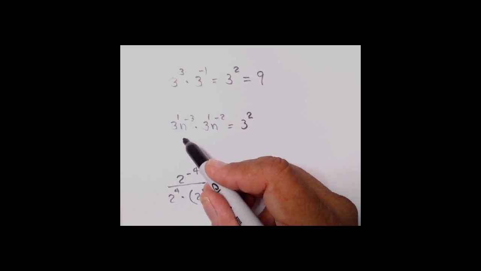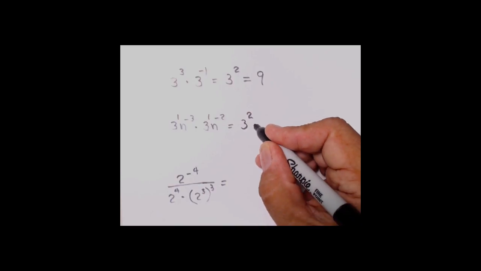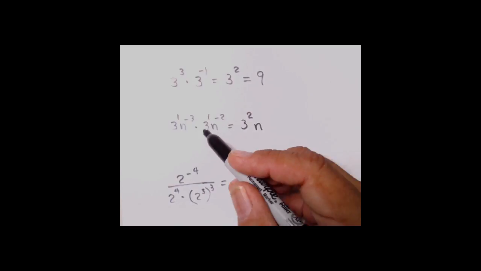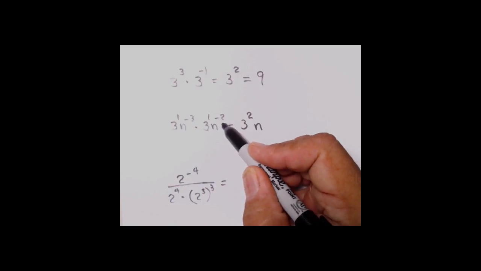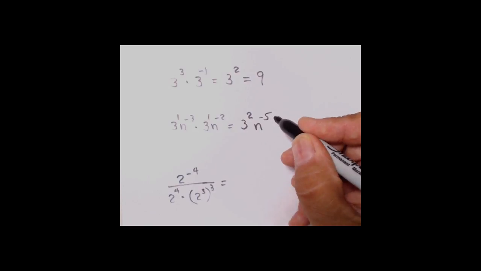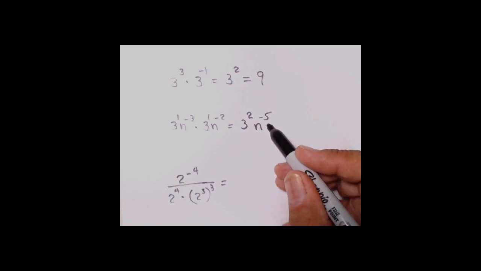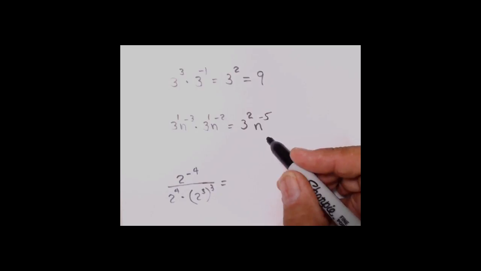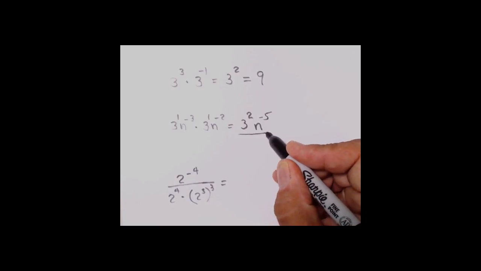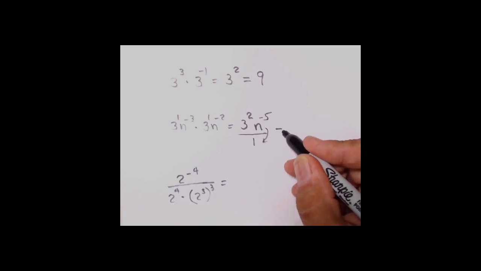And then I've got n to the negative 3 times n to the negative 2. Well, we combine the powers of this. Negative 3 and negative 2 is negative 5. Well, can't leave the answer like this. Remember, no negative exponents in the final answer. So I'm going to make a fraction bar here, and I'm going to jump this guy downstairs.